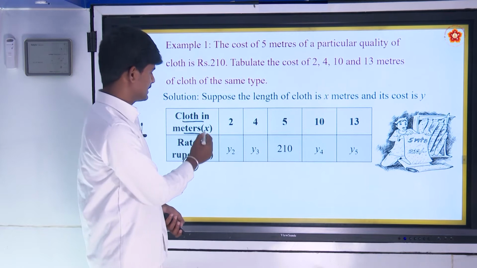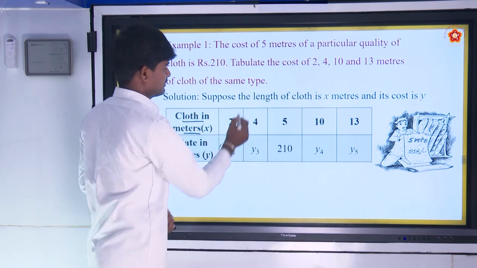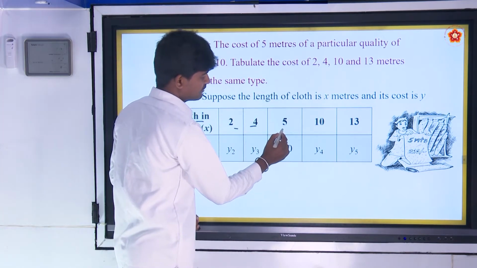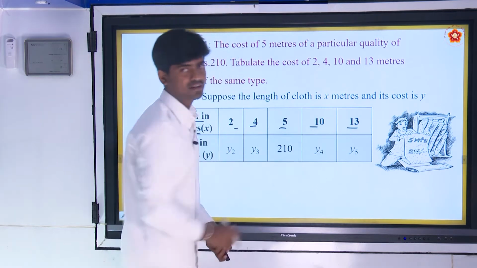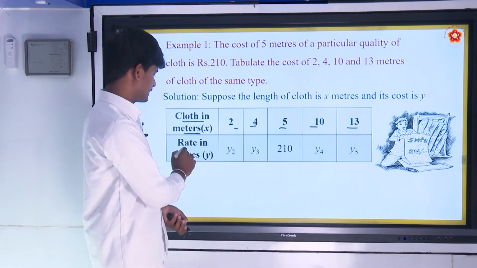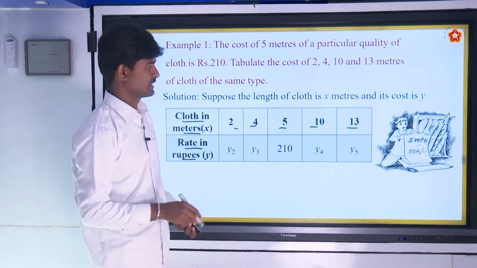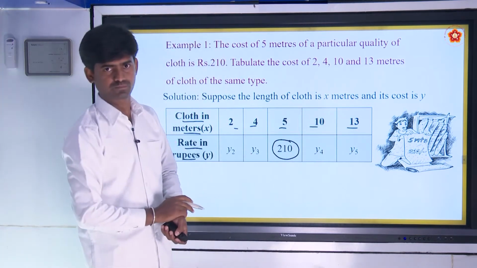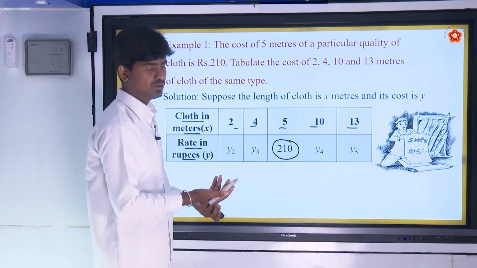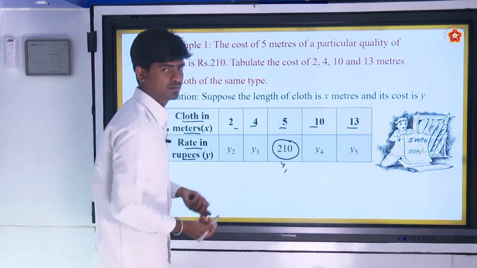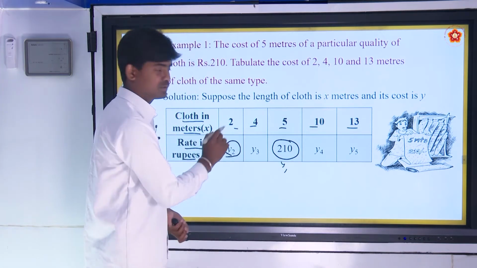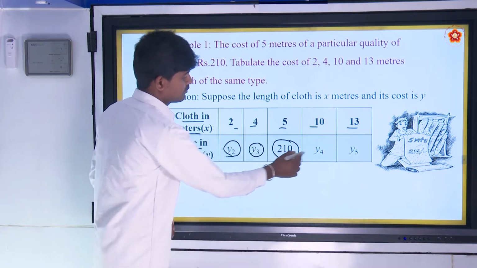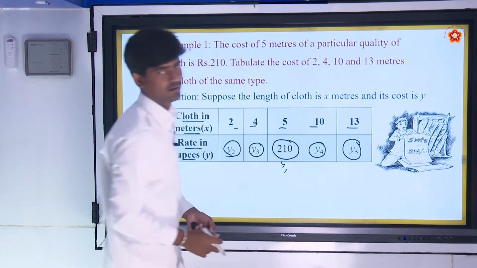Cloth in meters is taken as x. They gave 2 meters, 4 meters, 5 meters, 10 and 13 meters. The rate in rupees they gave only for 5 meters, I wrote 210. So that is y1. We don't know it for 2 meters, so y2, y3, y4 and y5. I have to write like this.